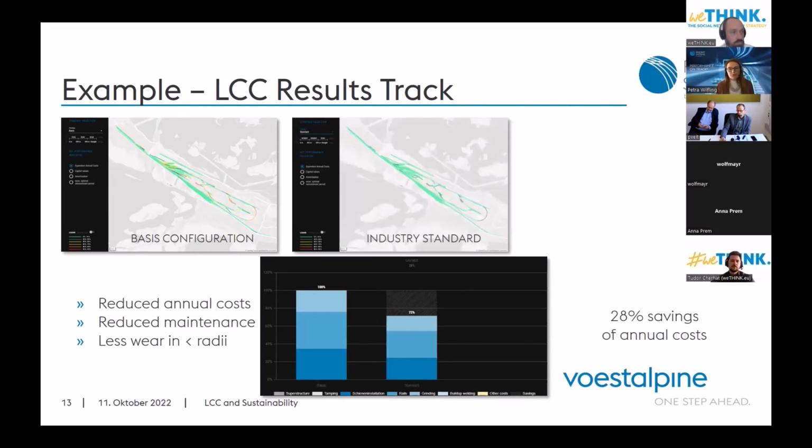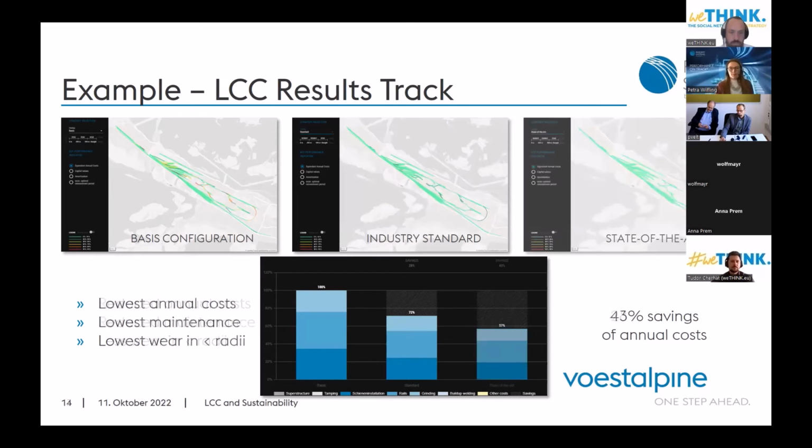With the industry standard, so with the combination of the R350 and R260 rail grades, we can save 28% of the annual costs. And by using the state-of-the-art strategy, that means in concrete 400 HD rail grade below 1000 meters, you can save 43% of the annual costs.